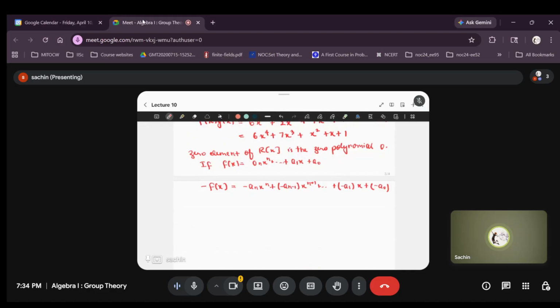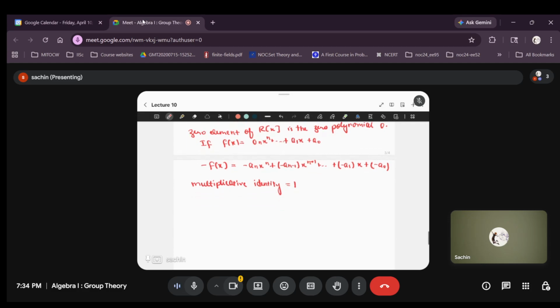Multiplicative identity is the constant polynomial 1. You can easily verify commutativity and associativity. You can also verify addition and multiplicative distribution.